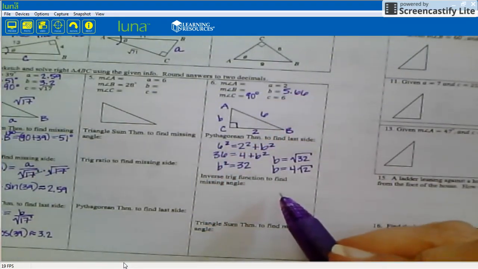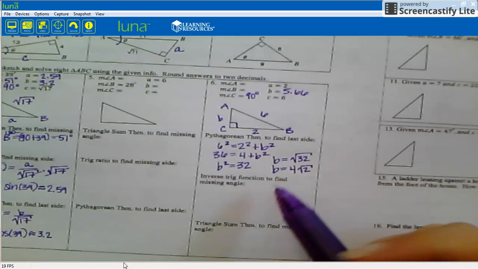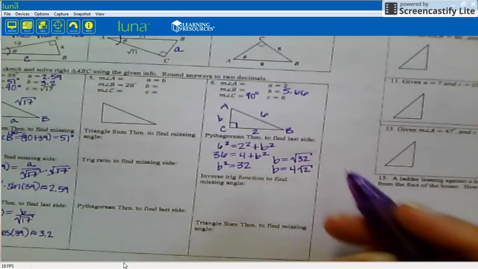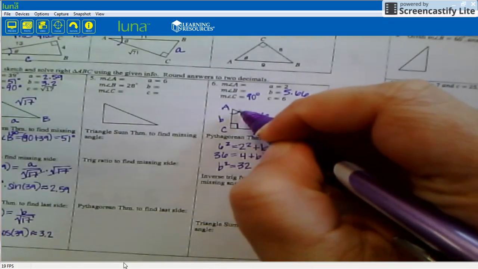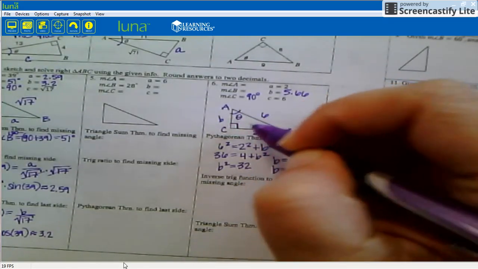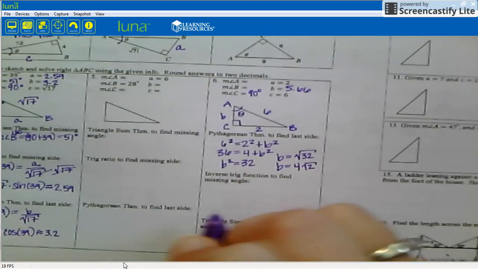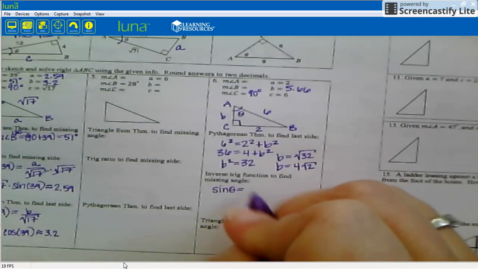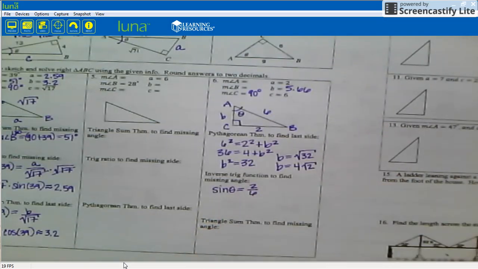Now, it says to use an inverse trig function. So this is one of those instances where you are solving for the angle measure. So if I start with angle A that I want to solve for, I'll call it theta. Then I know that the sine of theta is equal to 2 over 6, because it's equal to my opposite over my hypotenuse.